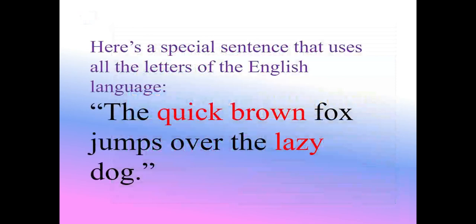All the alphabets, right from A to Z, are used in this sentence. You can check it for yourself. Here we're talking about the fox, which is a quick brown fox, and a lazy dog.